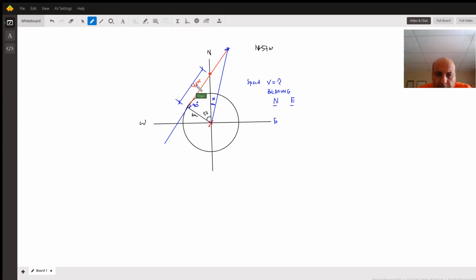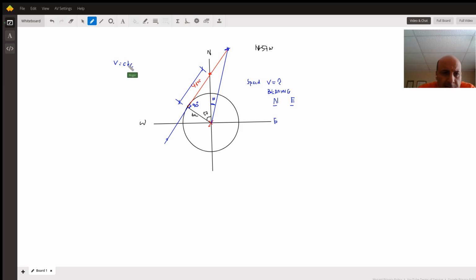Now you know that it took 4 seconds for the bee to travel this distance. If you want to determine the speed, it will be uniform in this case because the bee is traveling at a uniform speed. It's starting from here, it passed you by here, and continues at a uniform speed. Therefore, the velocity is constant here. Okay?